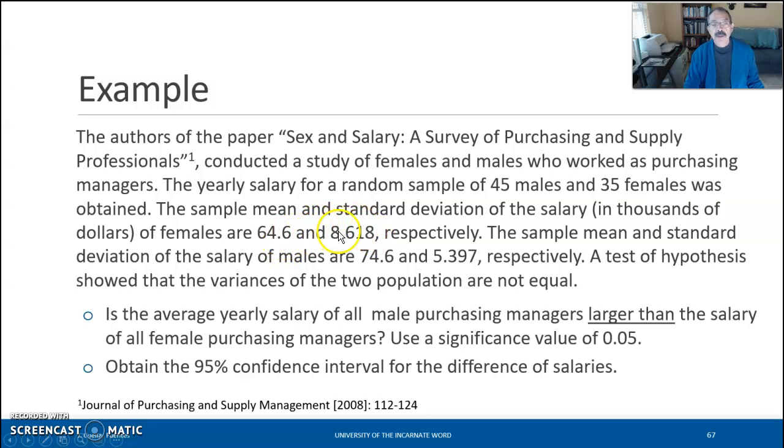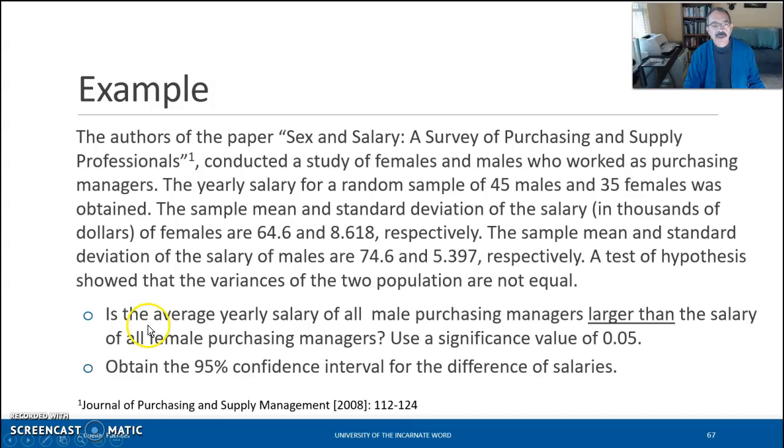So this is the mean and this is the standard deviation of the salaries of the managers in the sample. Also, in the sample of the 45 male managers, the sample mean of their salaries was 74.6 and their standard deviation was 5.397. A test of hypothesis of the variances has shown that the two populations have unequal variances.